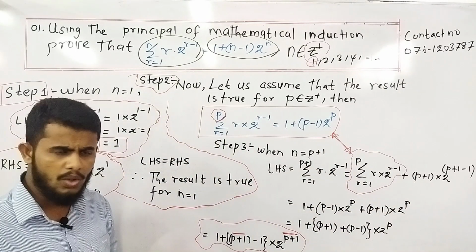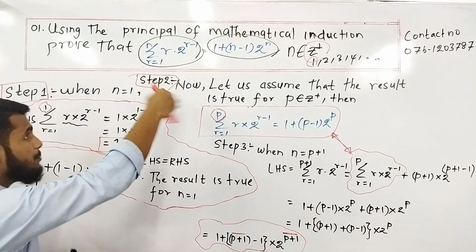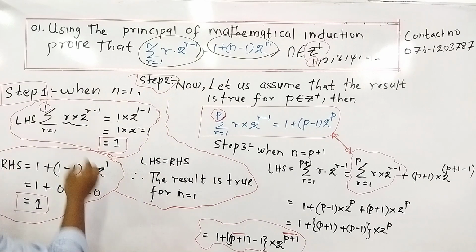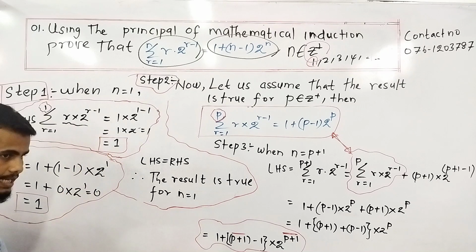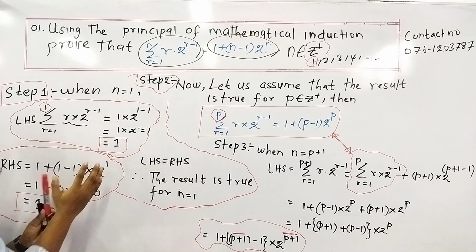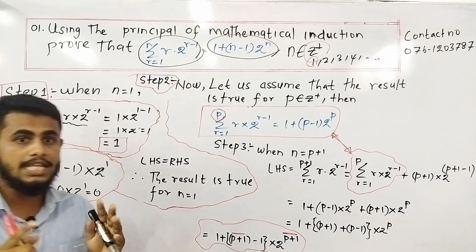Okay, so we have to make sure this problem is true for n equals 1. I have to show this result is true for n equals 1.